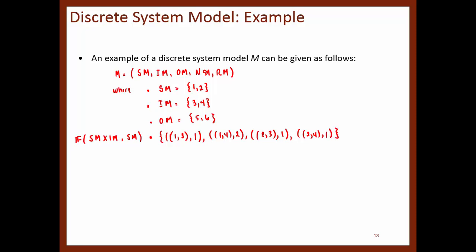So what this means is the following. Again, here we have the cross product. So the first one represents the state set, and the second one represents the input.